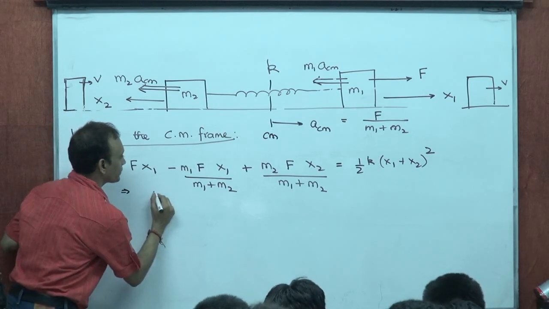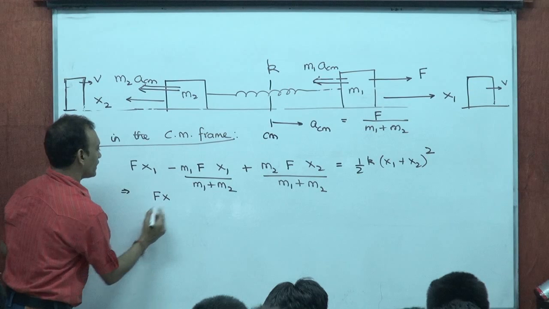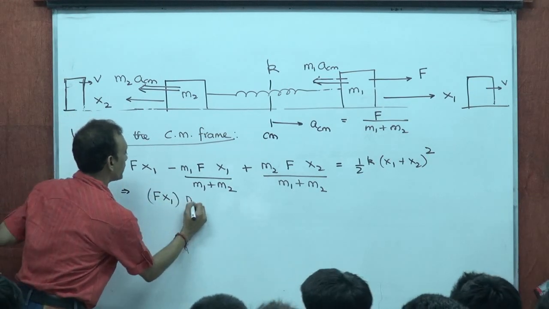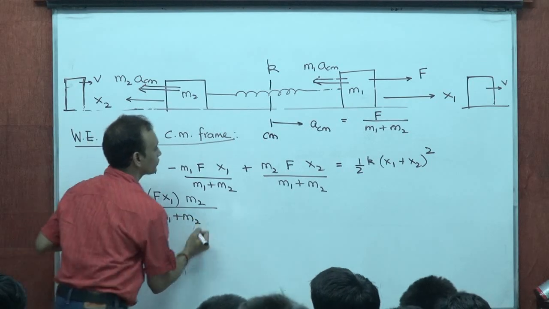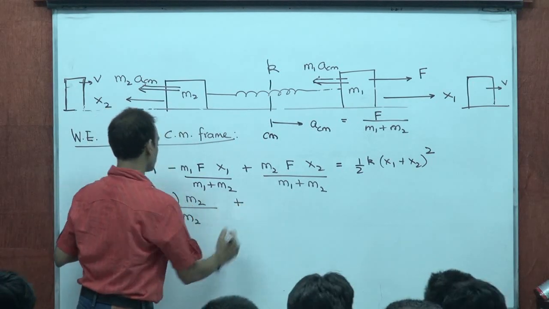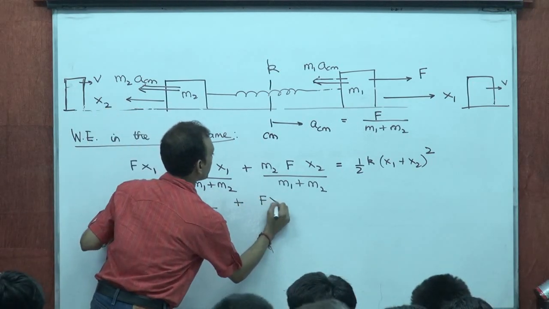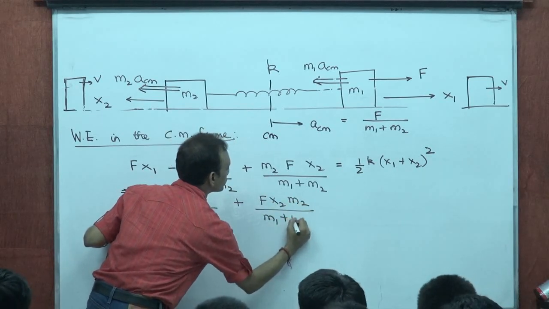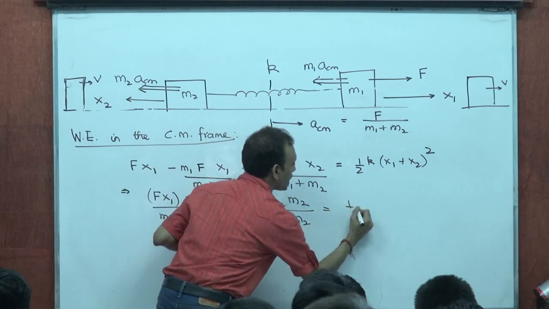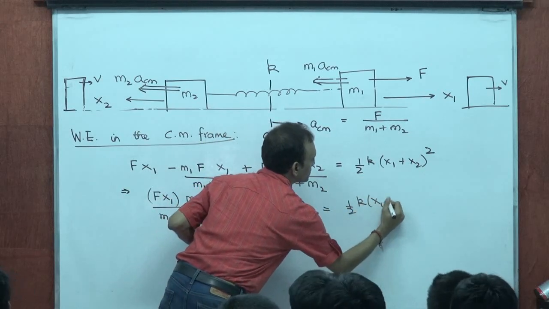So this gives me F x1 into m2 by (m1 plus m2) plus F x2 into m2 by (m1 plus m2) equals half k (x1 plus x2) whole square.